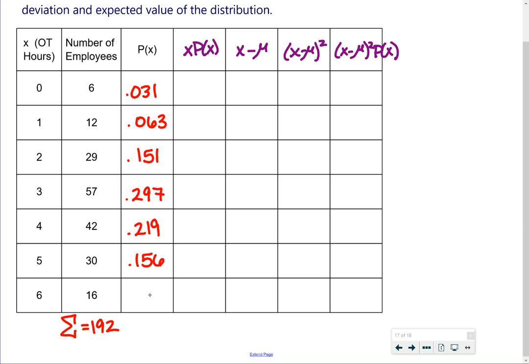And 16, 0.083. Okay. And then at the very end, all those probabilities should sum to 1 or approximately 1 because we rounded there. So you can double check that if you want to.